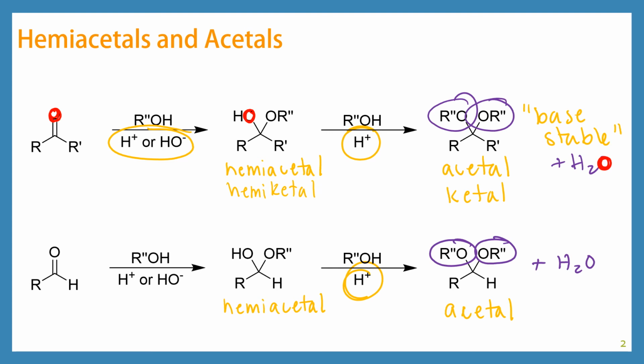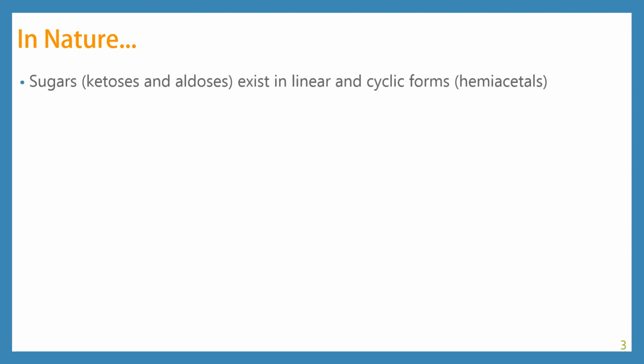We're going to go over the mechanism in detail in a second video. Now, this is one of the topics in OCHEM that is just directly relatable to nature. I mean, there are many, many topics in OCHEM that are directly relatable to nature, but often there aren't a lot of topics that OCHEM 1 and OCHEM 2 students have seen. But this is one that you've actually seen probably many times before.